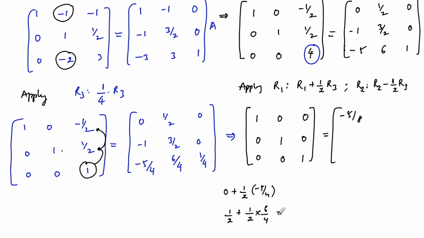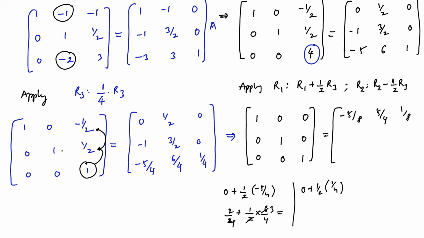So we can write here, this is 3 upon 4 plus 1 by 2, or we can write 2 upon 4 plus 3 upon 4, this is 5 upon 4. So on simplifying, this is 5 upon 4. And then here next, 0 plus 1 by 2 times of 1 upon 4, that is 1 upon 8.